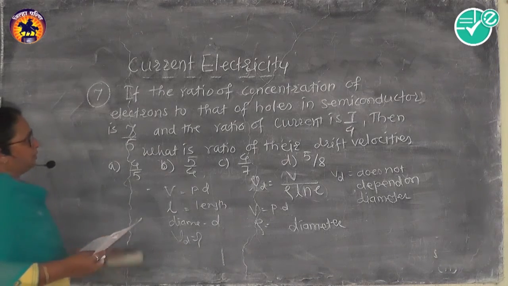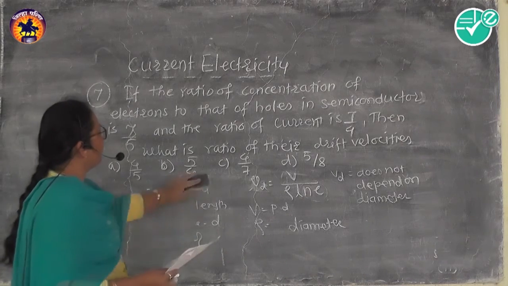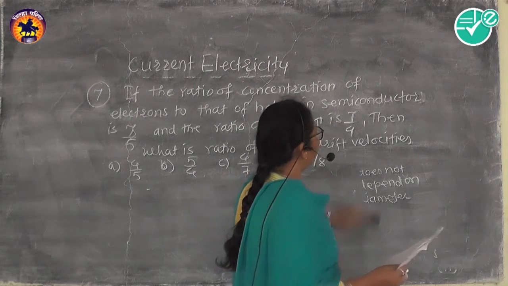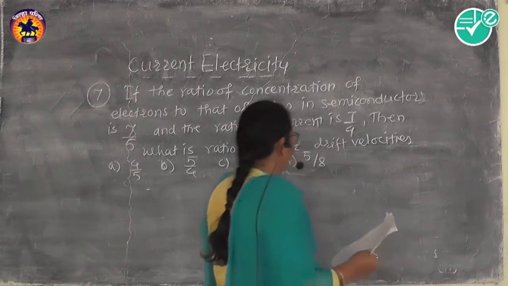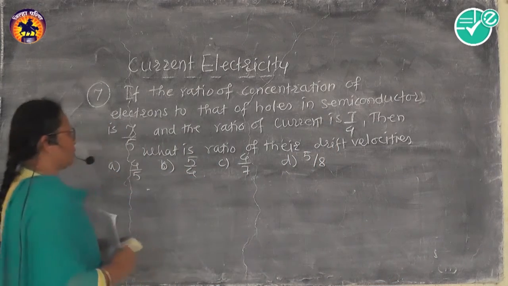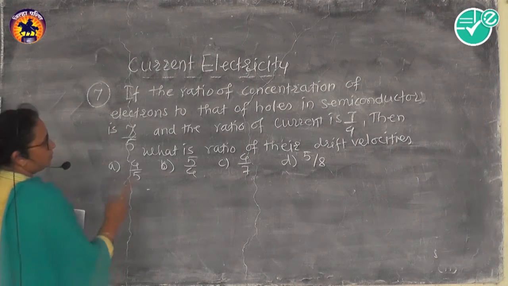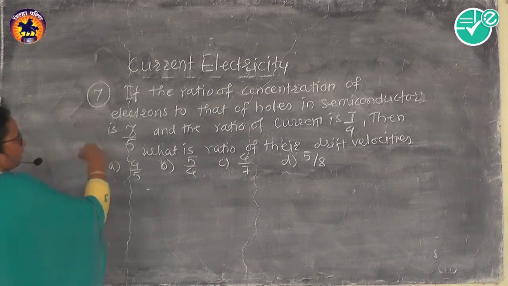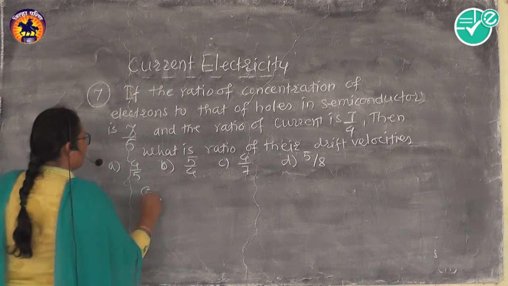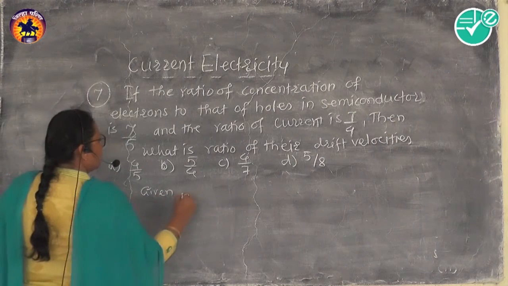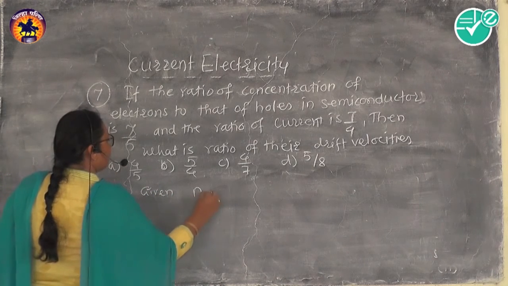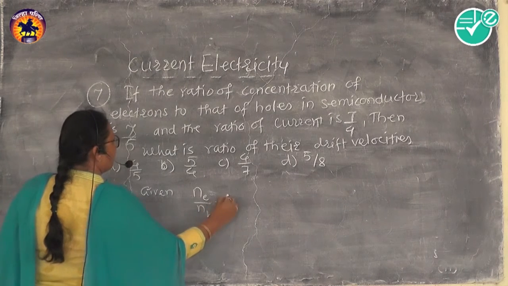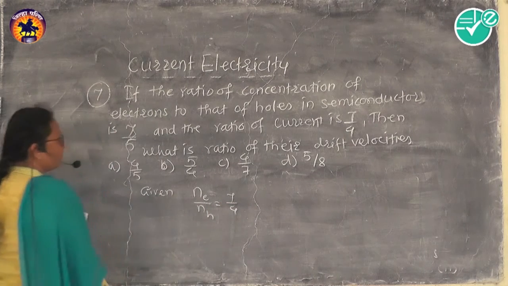As given, the concentration of electrons to holes means the number of charge carriers are given in terms of a ratio. Suppose the concentration of electrons to that of holes means the number of electrons to the number of holes. This ratio is given, which is 7/4.